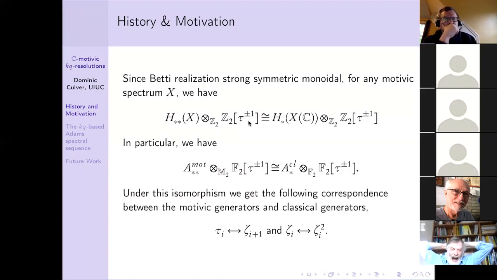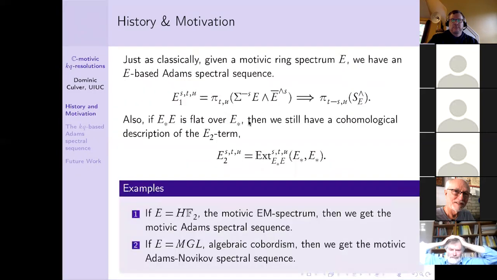This is useful because very often if you know some classical description of, say, a homology group or some comodule or whatever, you can usually use this correspondence to guess the right answer motivically. Okay, anyway, moving on.